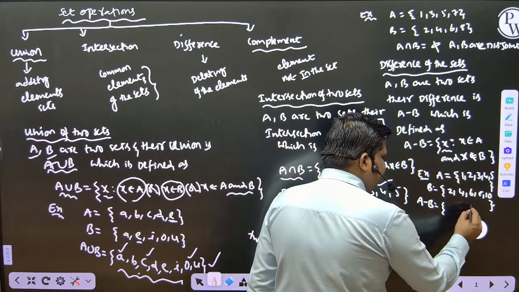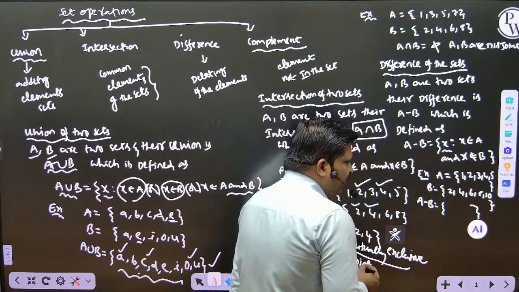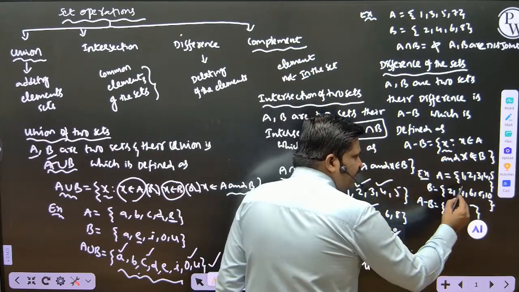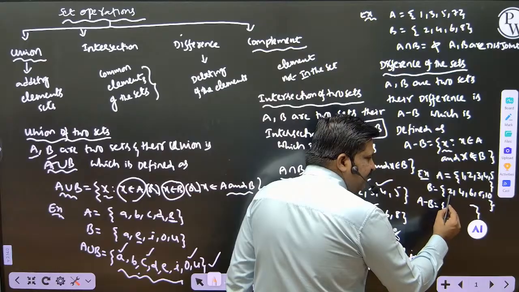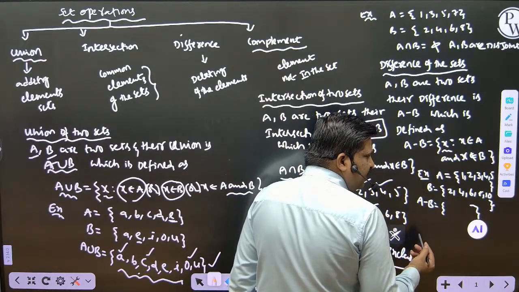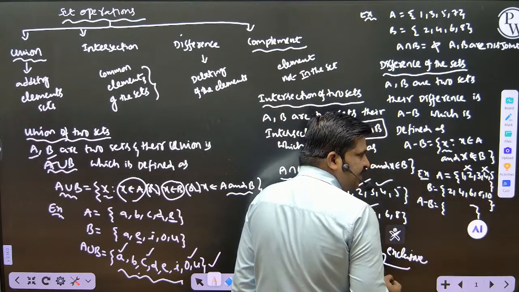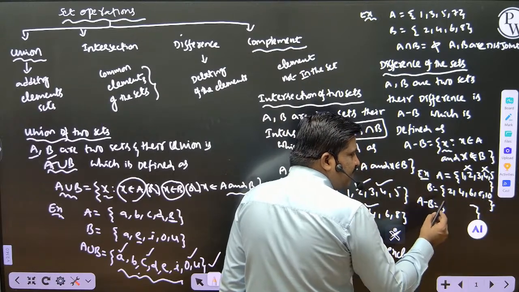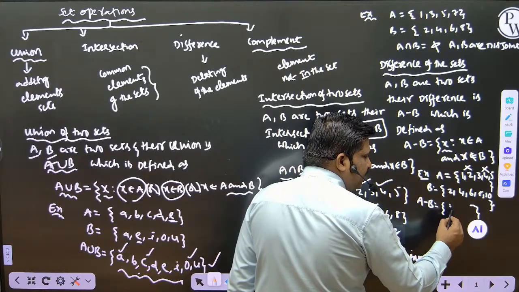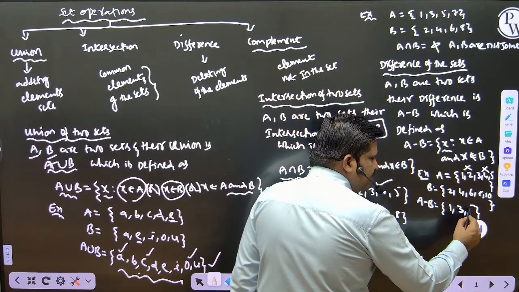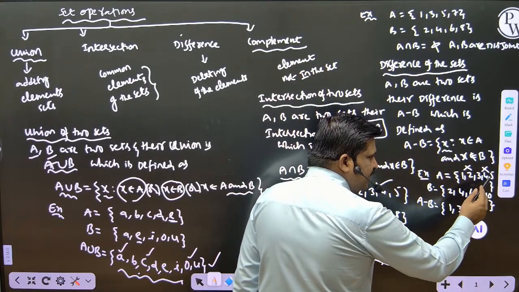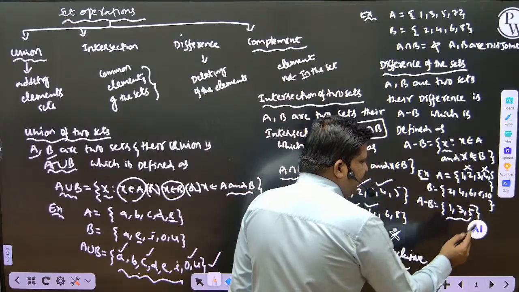For A minus B, from A you delete the elements of B. What are the elements of B present here? 2 and 4. You delete them. After that, whatever elements are left, you write. What are those elements left? 1, 3, 5. So this is your A minus B.